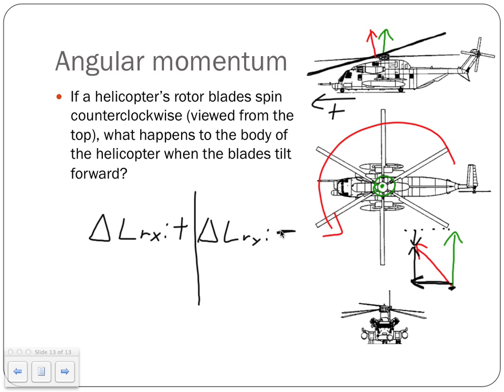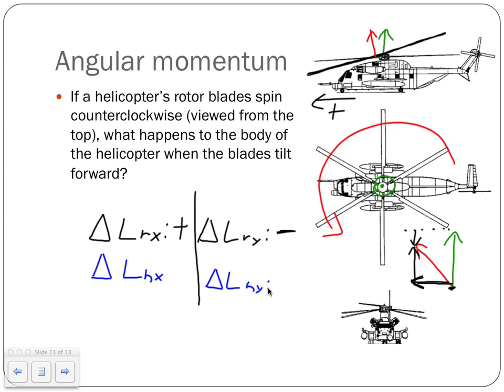But what do we know? If there is no net torque, then looking at the change in angular momentum of the helicopter in the x direction and in the y direction, the total angular momentum has to stay the same.